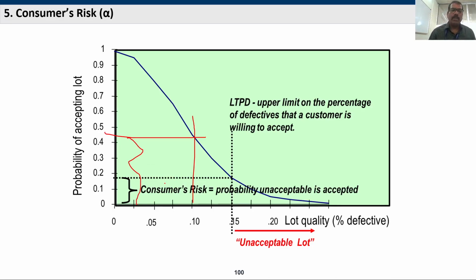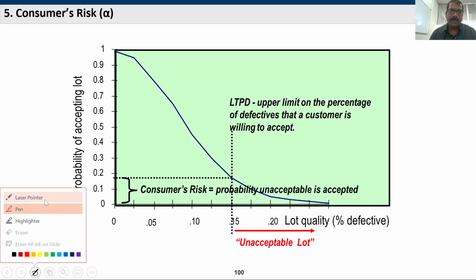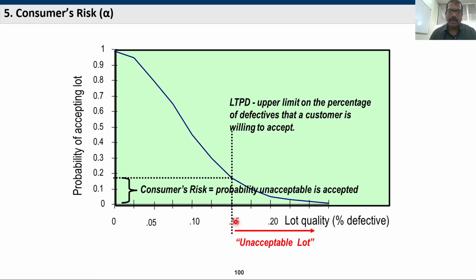So this depends on how much you are setting, and vice versa, whether customers are accepting that. Up to here, if you are setting this parameter as an unacceptable lot, here it is considered an acceptable lot. That is the meaning. If you set 15 percent, 15 percent is acceptable; beyond it, if the percentage of defect is more than 15 percent, it is unacceptable. But what does it mean?